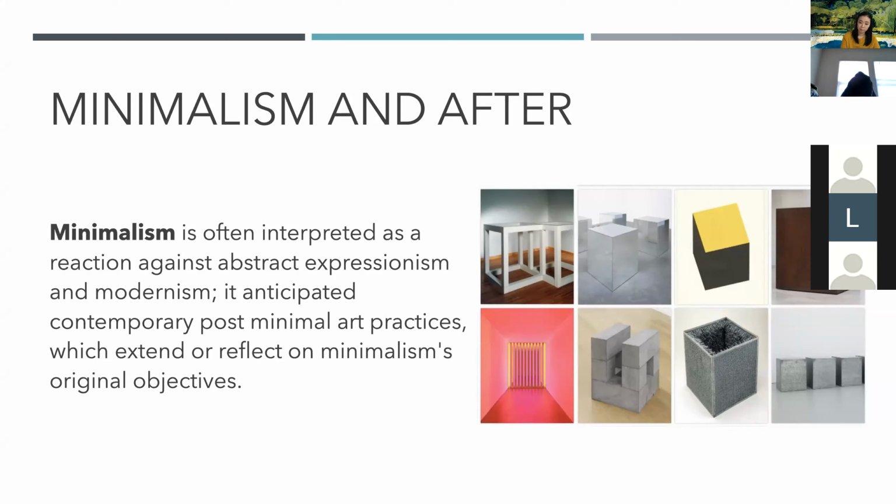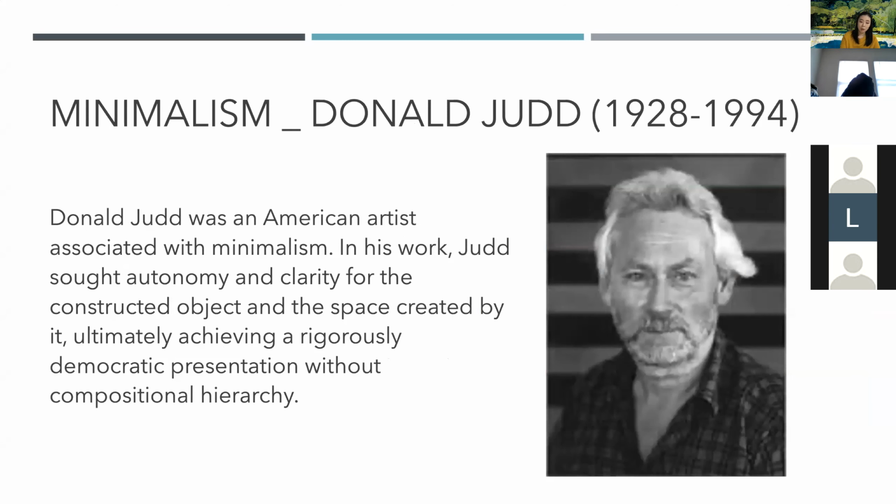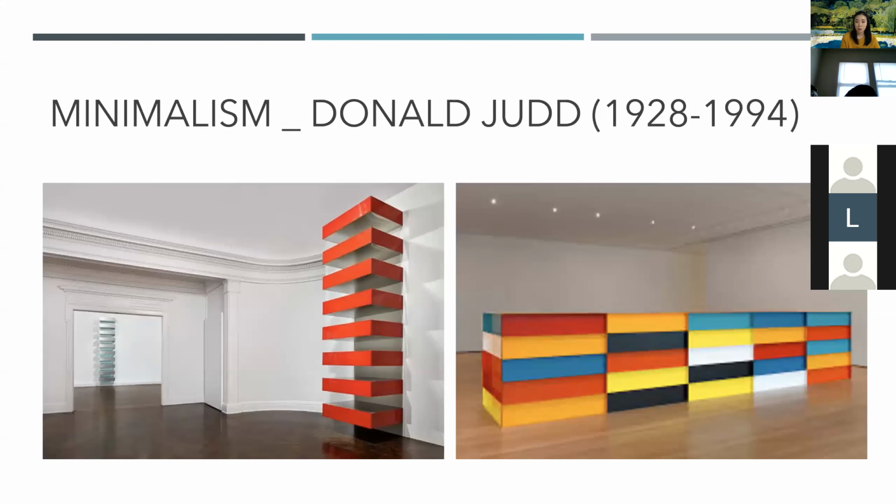Donald Judd was an American artist associated with minimalism. In his work, Judd sought autonomy and clarity for constructed object and the space created by it. So he abandoned painting for sculpture in the early 1960s, like these sculptures.